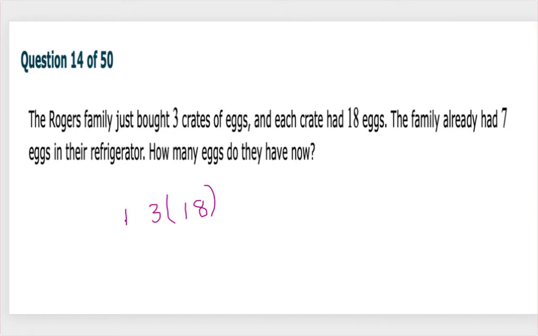Plus, they already had 7 eggs in their refrigerator. So they started with 7, and then they added, now 3 times 18, 3 times 8 is 24, carry your 2. That's 54, plus the 7, and that's going to give us 61. So they have 61 eggs.